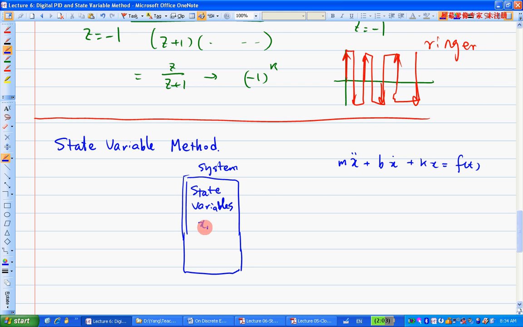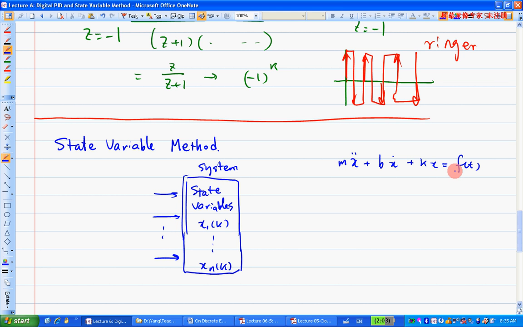So the set of state variables in general, let's say I have x1 of k to xn of k. We're talking about a discrete time system, so we're using k here. If it's a continuous system, then use t. Inside this block we use these state variables. Then we may have multiple inputs to the system.